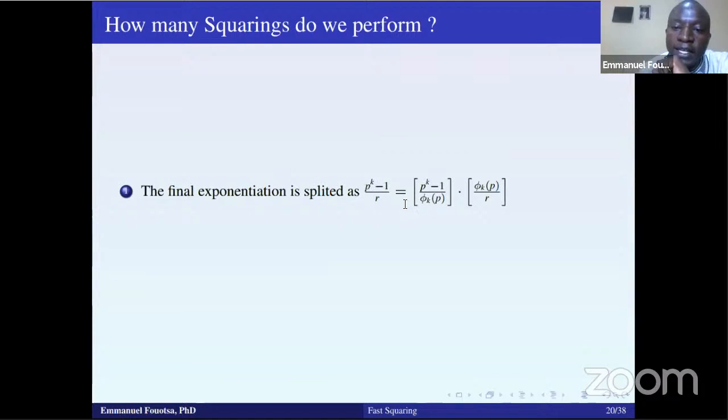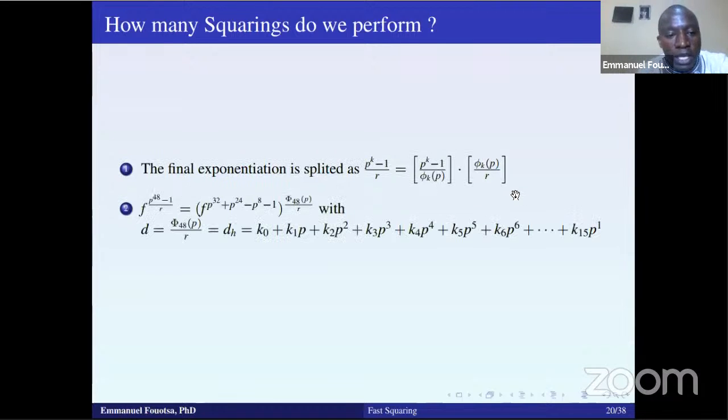we can split it into this product, that is (PK minus 1) over phi K of P, times phi K of P over R, where phi K is the K-th cyclotomic polynomial. Let me illustrate it with the previous curve. If you make it P to the 48 minus 1 over R, then it is equal to this expression.